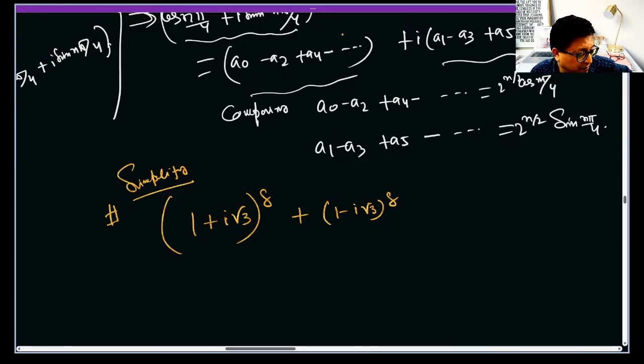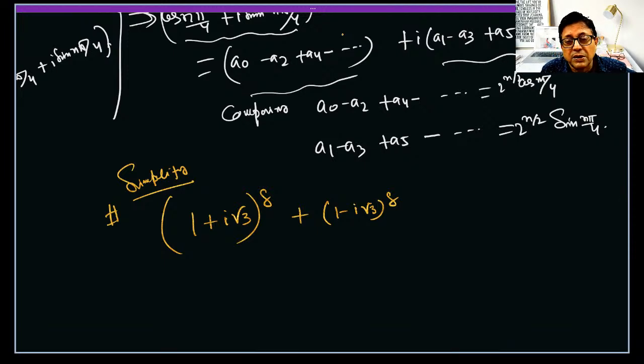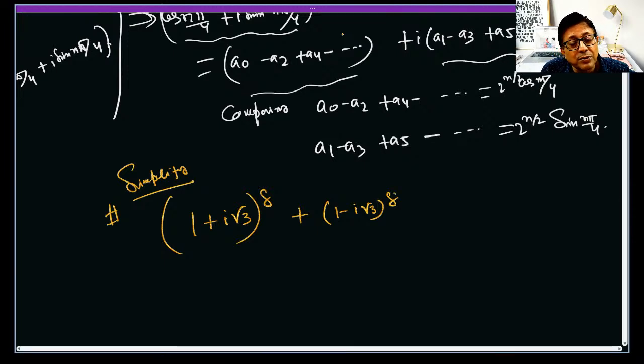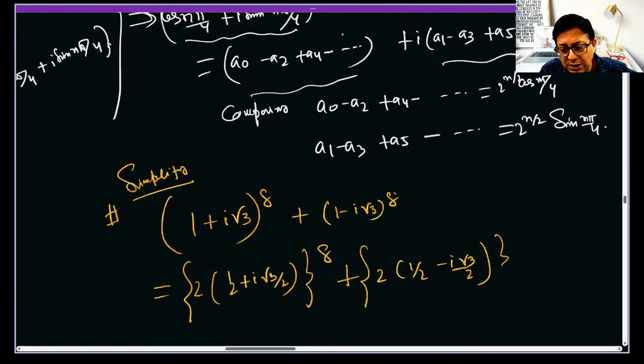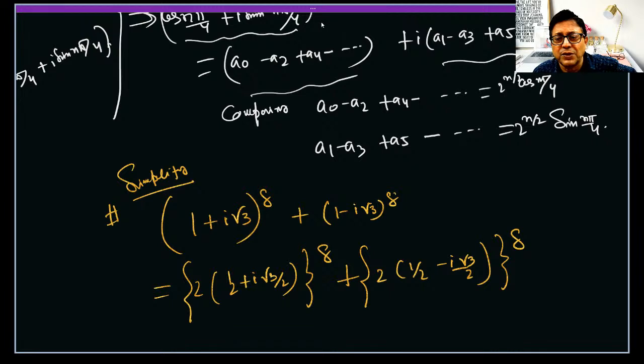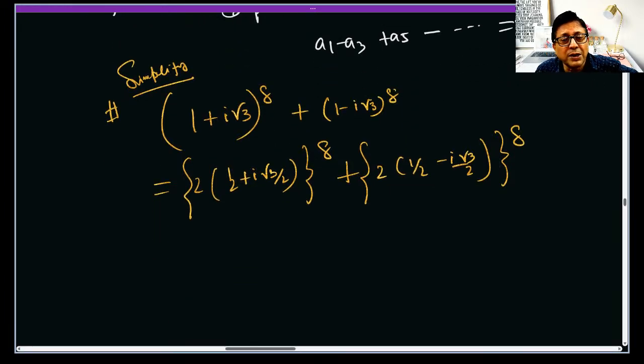How to do it? So go by that same trigonometric manipulation. This you write 2 into half plus, and this also you write 2 into, to the power 8, isn't it? So this is going to be what?